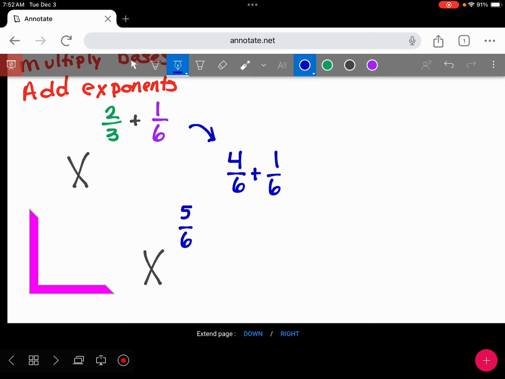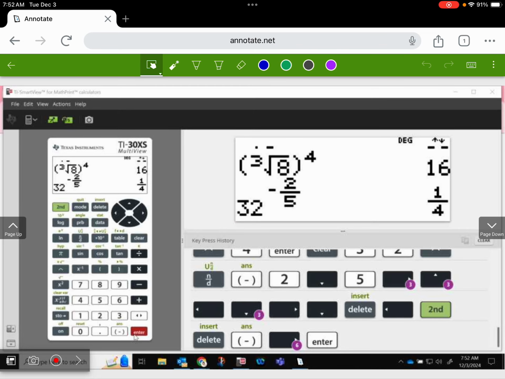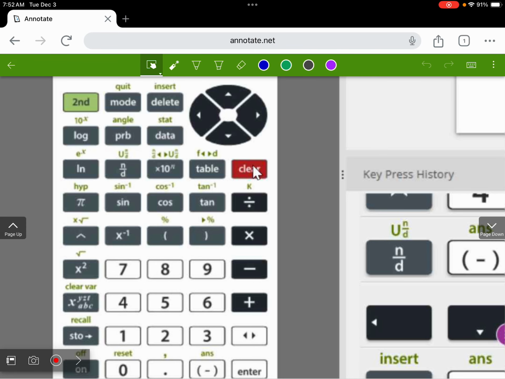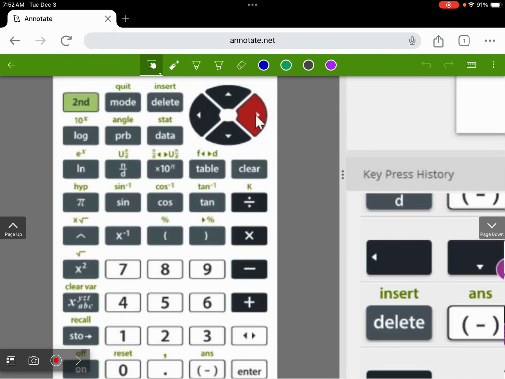You can also do it in the calculator, just for those of us that hate fractions. 2/3 plus 1/6. The yellow calculators have some skill, as long as we type things in carefully. I got it.